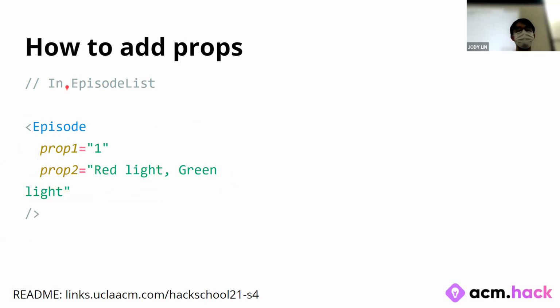In our episode list component, we might want to use an episode component and pass in prop1 as the first prop. We use the same syntax as the image tag, prop1 equals, and then the value that we want to pass in as prop1. And for prop2, let's say this might be the title, we pass in the value on the other side of the equal sign.